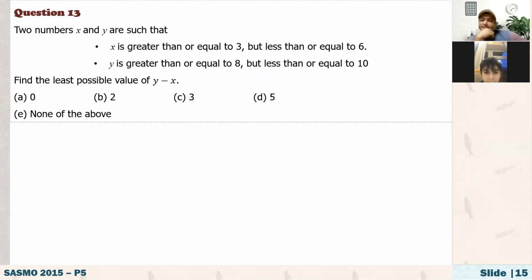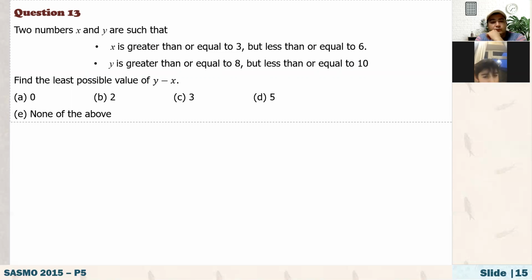Two numbers, X and Y, are such that X is greater than or equal to 3 but less than or equal to 6.